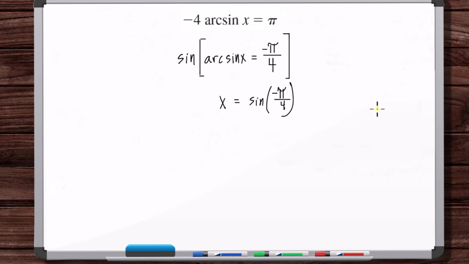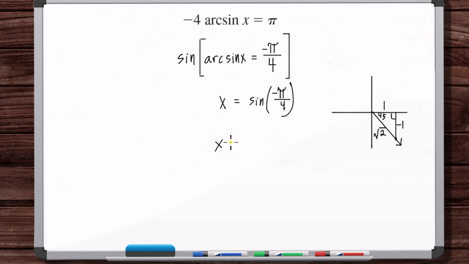So if we have minus 45 degrees, we're in the fourth quadrant with reference angle 45 degrees. With a 45, 45, 90 triangle, you've got 1, minus 1, root 2.